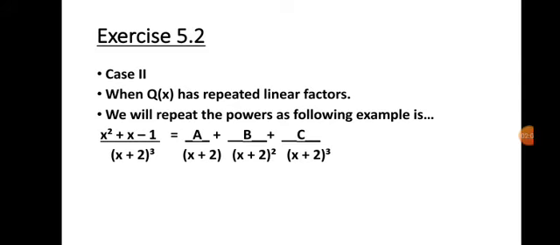So the first partial fraction will be a over x plus 2. The second partial fraction will be b over x plus 2 whole square, and the third will be c over x plus 2 whole cube.